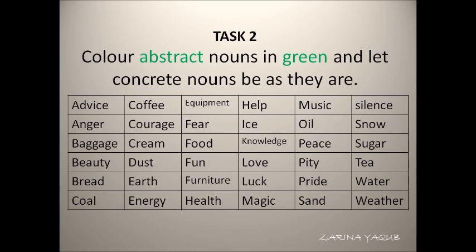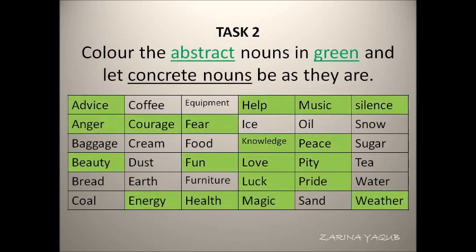Now check your understanding about abstract and concrete nouns by doing this task. You have to color the boxes with abstract nouns in green and let concrete nouns be as they are. You may pause the video to do this task. Now look at these solutions and verify your answers.